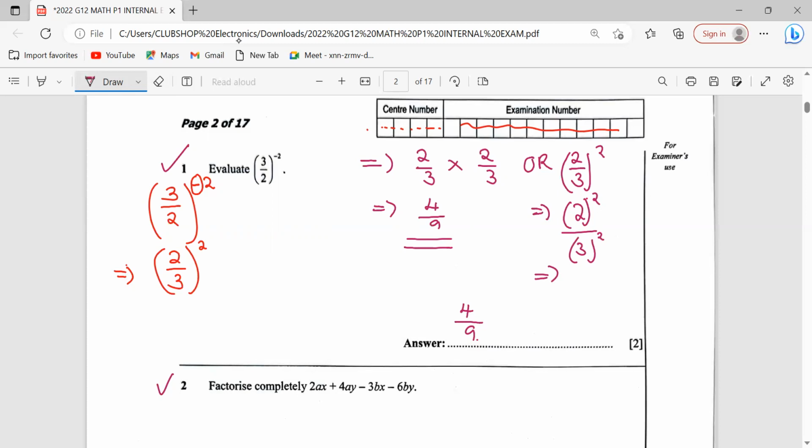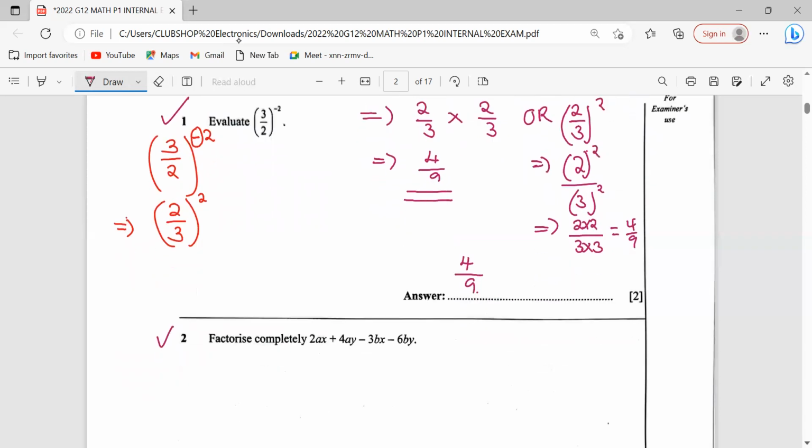I'm just demonstrating them so that you can pick whichever you're comfortable with. So 2 squared is 2 times 2. 3 squared is 3 times 3. And this will give you 4 over 9. So you're good to go. You're given a mark for the method and a mark for the answer. All right. I hope that is okay.